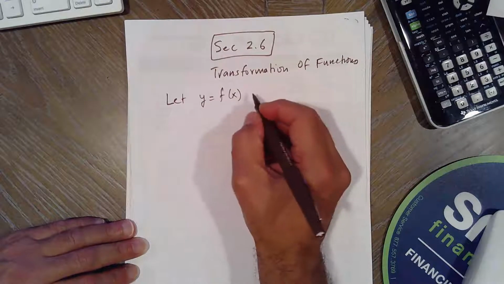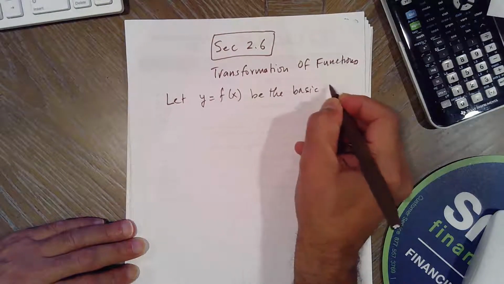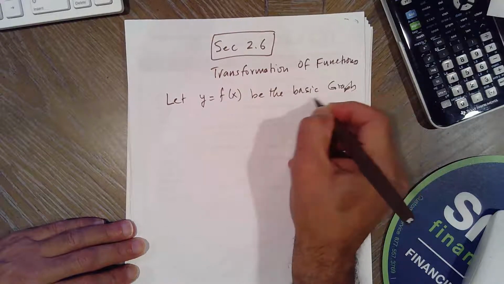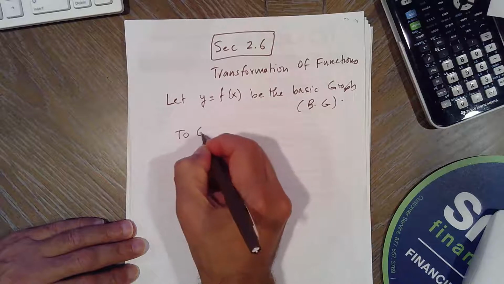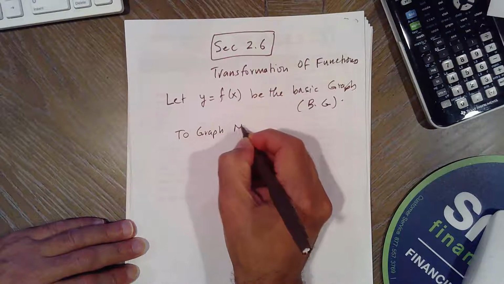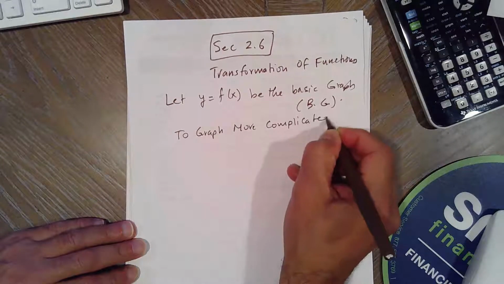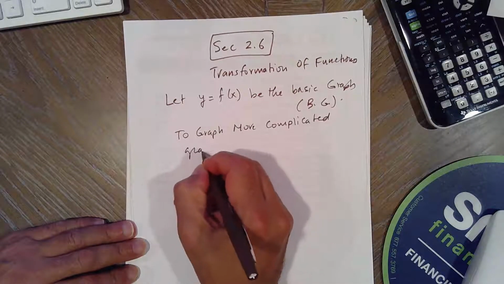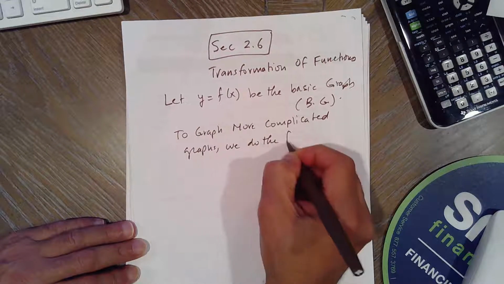Let y equals f of x be the basic graph. We use the basic graph to graph more complicated graphs. We do the following steps.